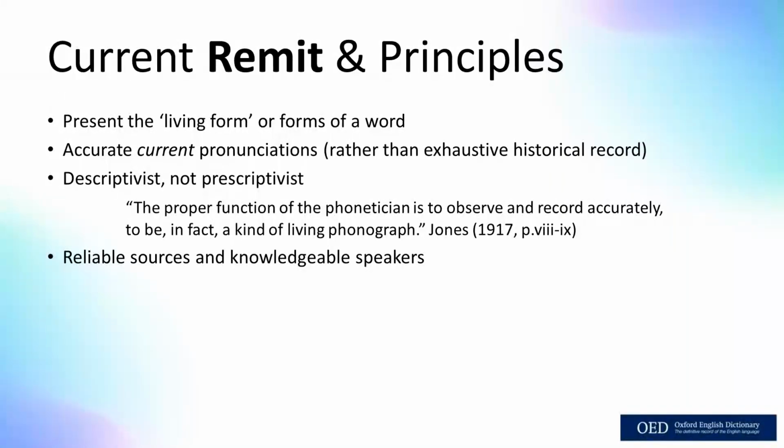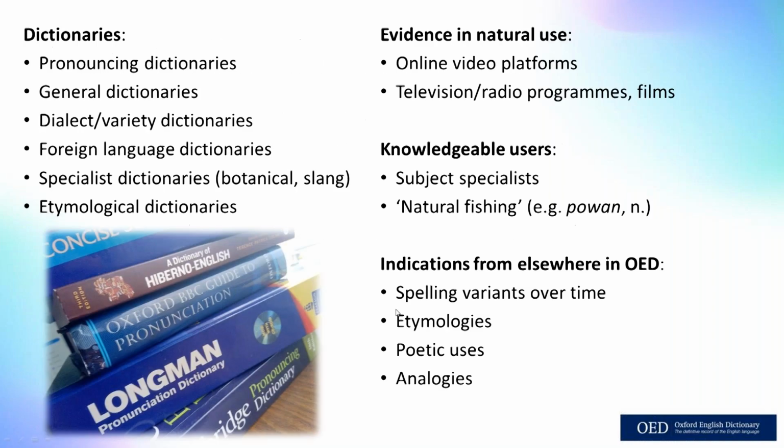So on that point, let's consider some of the sources that we use more broadly. We do consider subject specialists directly, and we do consult them directly, and they are one of many sources that we have available. We have access to a wide range of trusted dictionaries and surveys of English, going back from over 100 years ago right through to the present day.